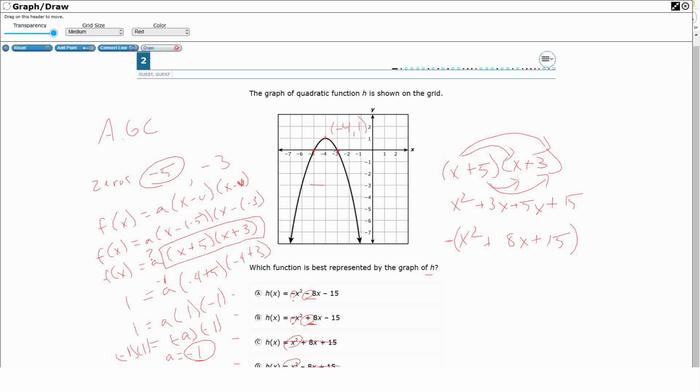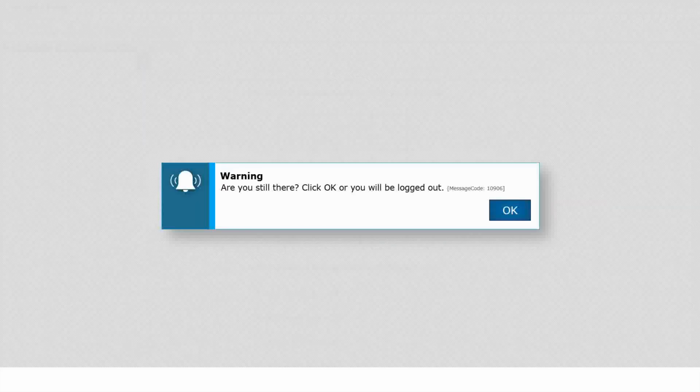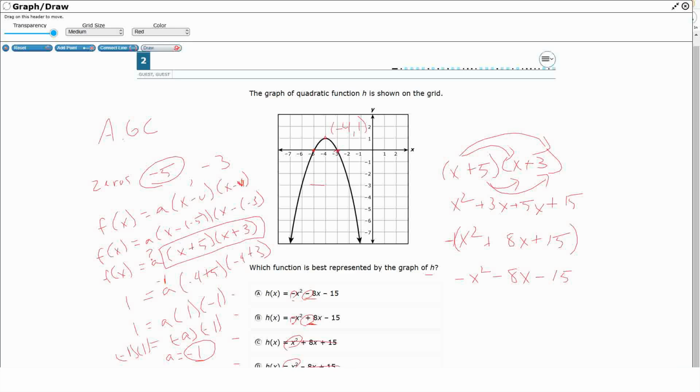So I need to factor out this -1 right here. So I need to distribute that. It's going to be negative x squared, minus 8x, and minus 15 because we distribute that out. Now we've done all of our work, and we are ready to look at our answer, and that is A.